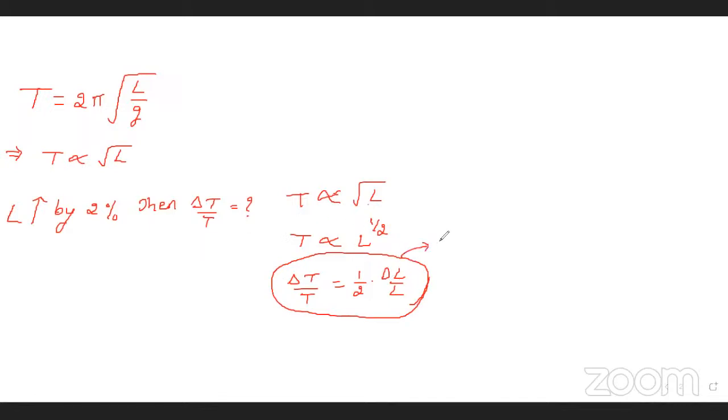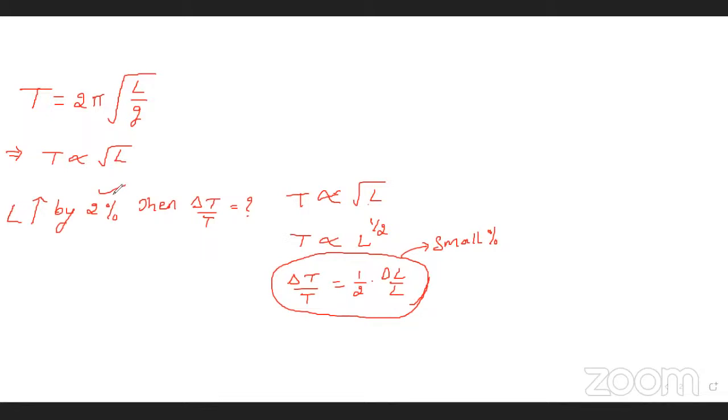This is applicable only for small percentages. Be careful about that also. If the length change is less than 10%, like 8% or 6%, you can make use of this formula. So if length is increased by 2%, what is the increase in the time period?